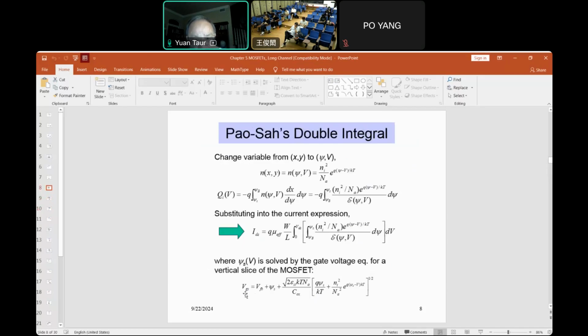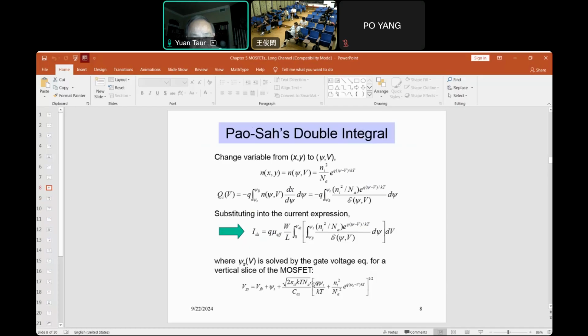For a given gate voltage at the source, V equal to 0. So you solve this equation for psi s with V equal to 0, and that's psi ss, psi s at the source. And then you solve this equation again with V equal to VDS. And that solution we call psi sd.